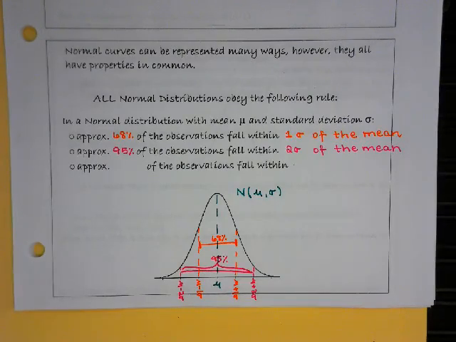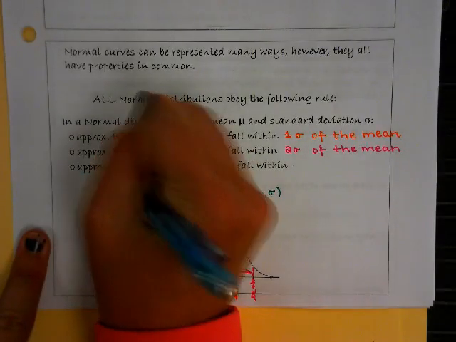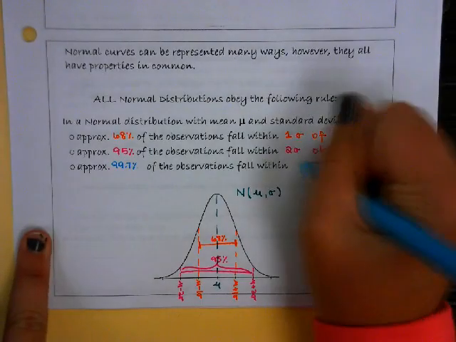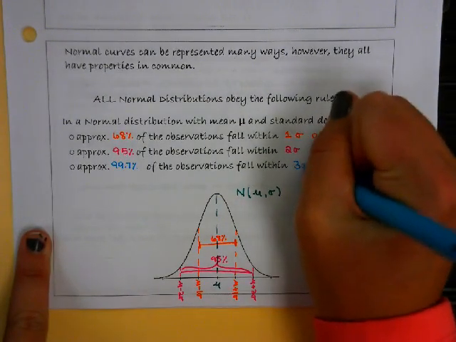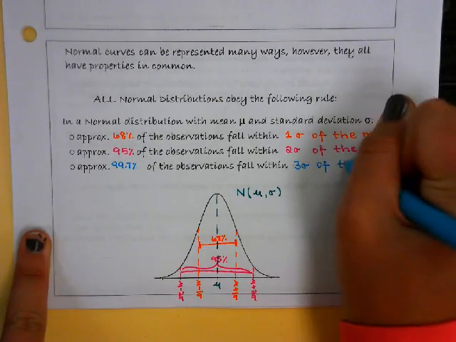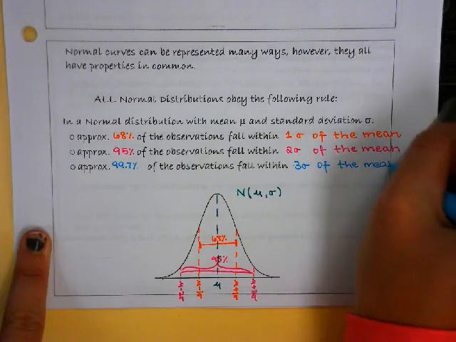Yes. All right. And then the last one is that 99.7% of the observations fall within 3 standard deviations of the mean. So that's that hash mark way down there and way up there.